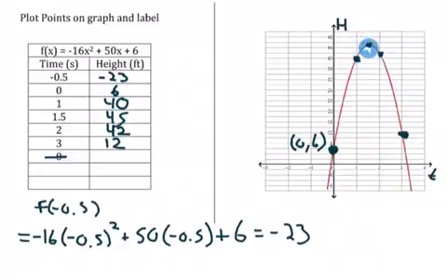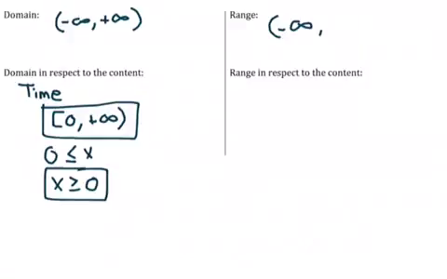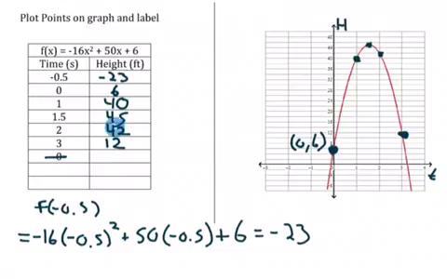So 45 here is where the other part of our range is going to go. And 45 is included in this range. In fact, we actually calculated the 45 over here when we plugged 1.5 into this function. So when the input is 1.5, we get an output of 45.